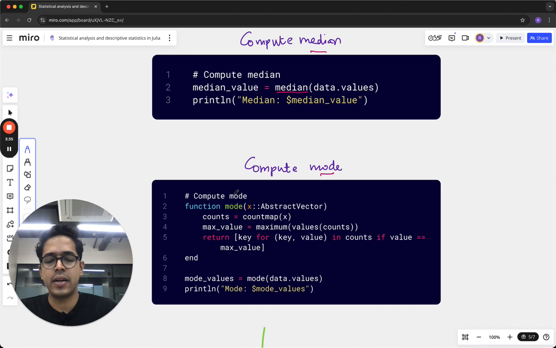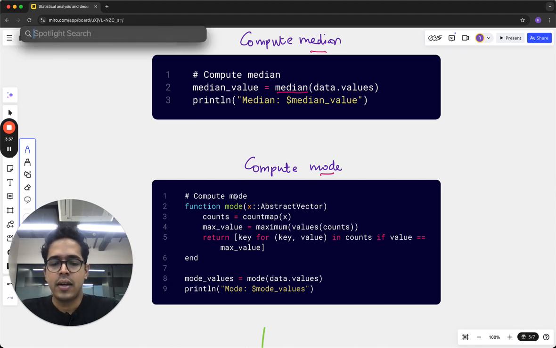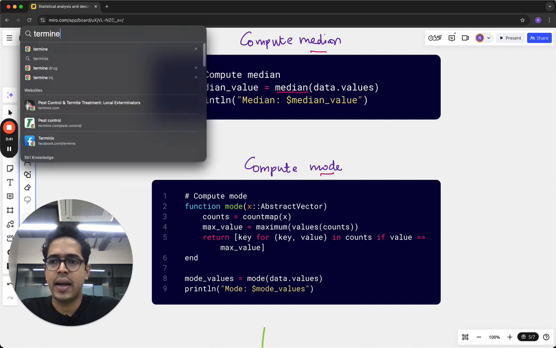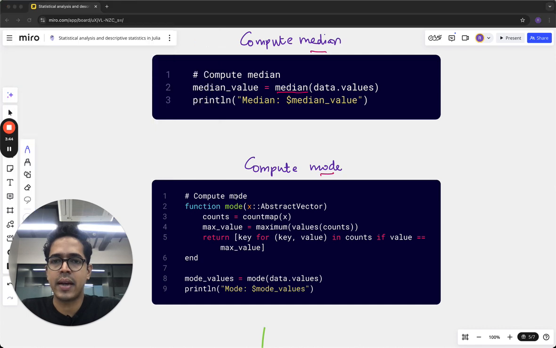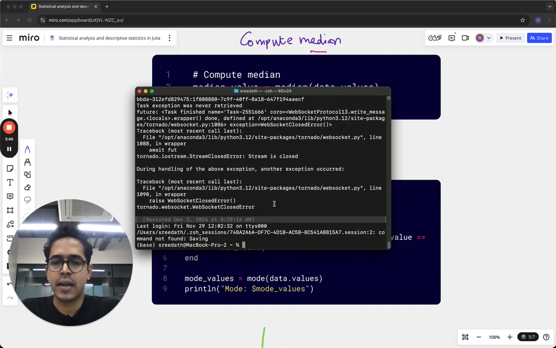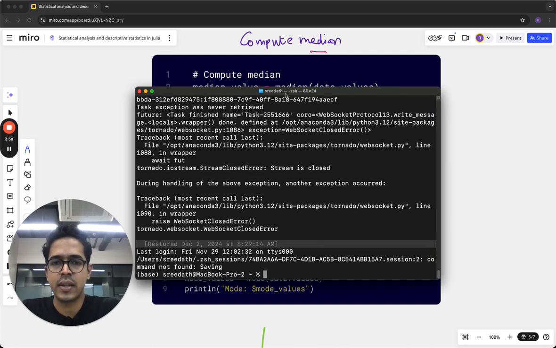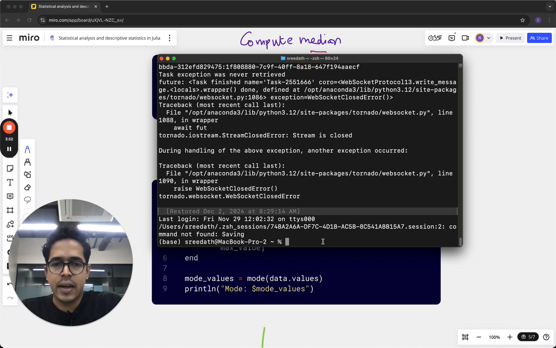So let's first open the Jupyter Lab notebook. Go to terminal if you are on Mac, or the command line interface if you are on Windows. Here I don't have a Jupyter notebook open. I'll just zoom in a little bit and write jupyter notebook.